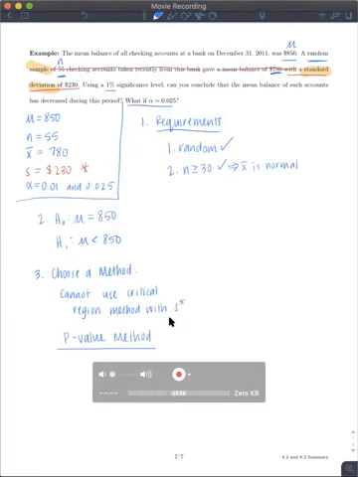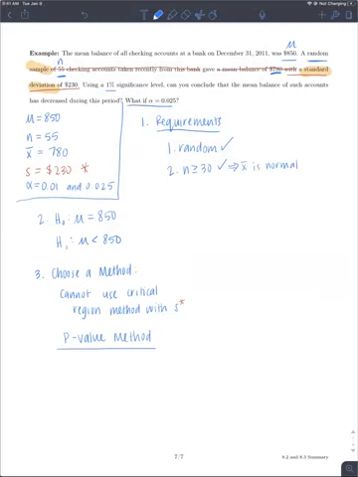There's still quite a bit of confusion as to which calculator function you should use when. It was about a 50-50 split between z-test and t-test, and then a few people said 1-PropZTest. Remember, 1-PropZTest is only ever used if you're given a proportion, and that's why it starts with prop.